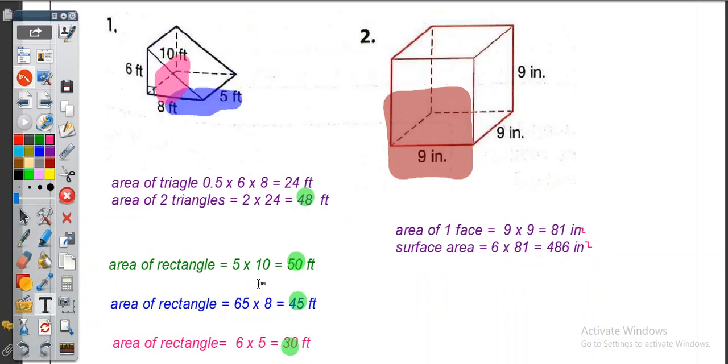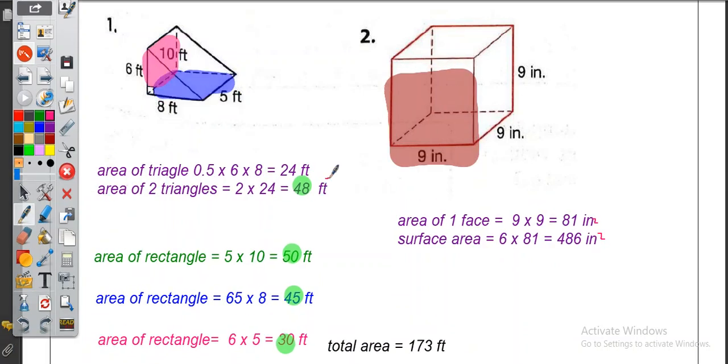So the total area is 173 square feet. Okay? It takes time, but you have to be careful of the dimensions. Be careful while you're finding the area of the surfaces so do not miss any.